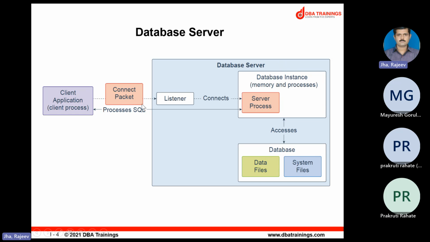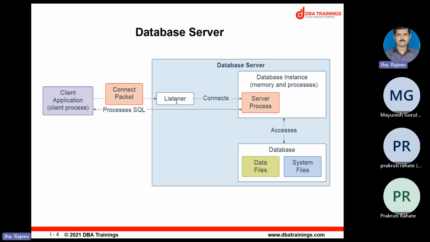Like here in this example, you can see when I am trying to connect from my client application, it can be anything, be it your SQL Developer tool, your PL/SQL tool, maybe the OEM, maybe SQL*Plus, or maybe your application server. Those will be considered as a client. Whenever you connect, you send the network request, the connect packet, to the mediator called the listener.